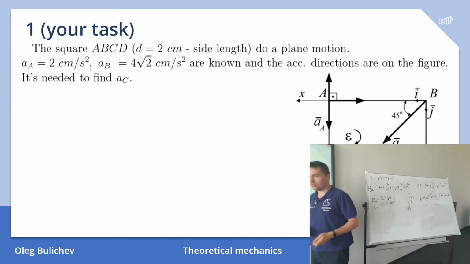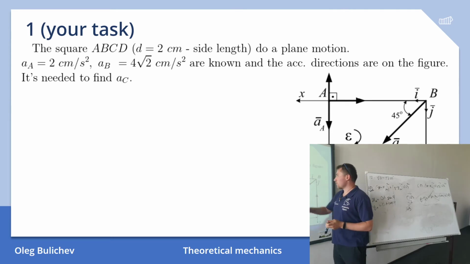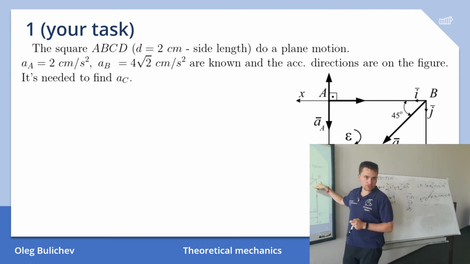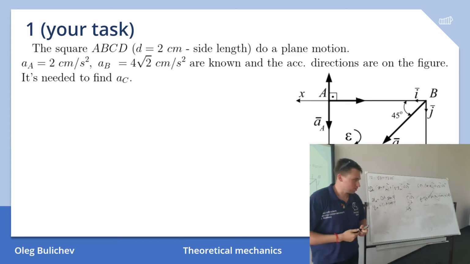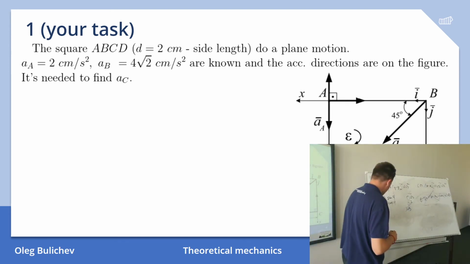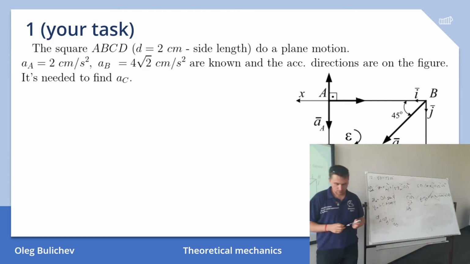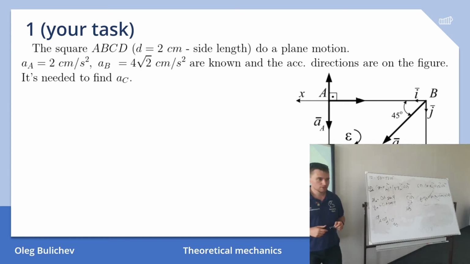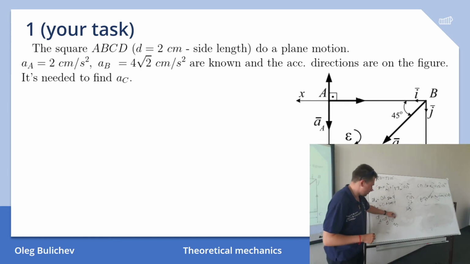Okay, how can we do it? We have A and B accelerations, so we can write the equation A equals AB plus AB. Do you agree with it? We know this and this guy, we need to find this guy.